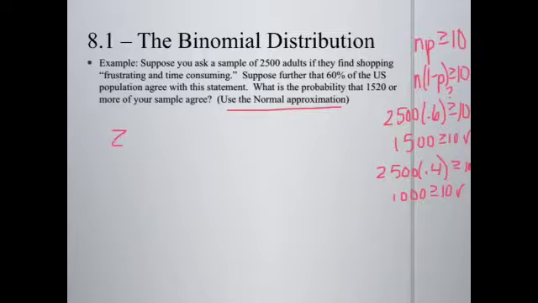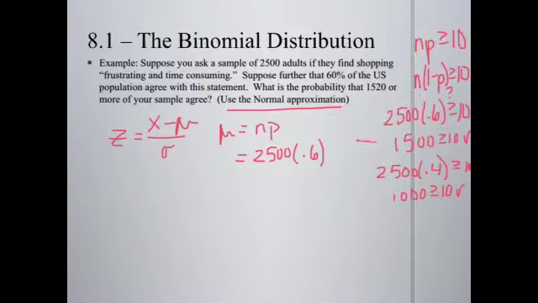For z-score, remember we need an x value, a mean, and a standard deviation. The mean for a binomial distribution is n times p, so I'm going to do 2,500 times 0.6, which we already did over here, so I already have that number, 1,500.